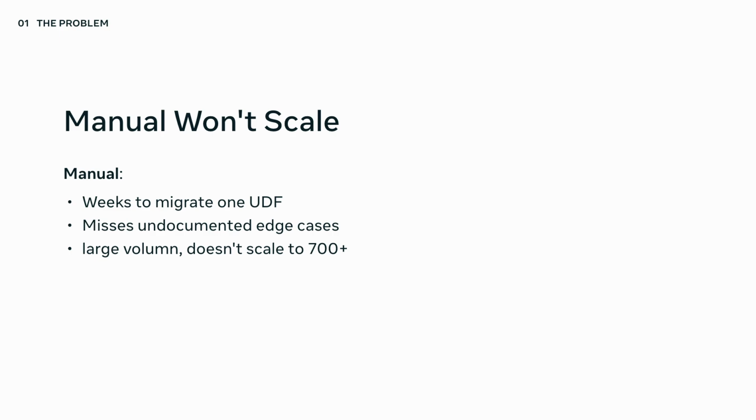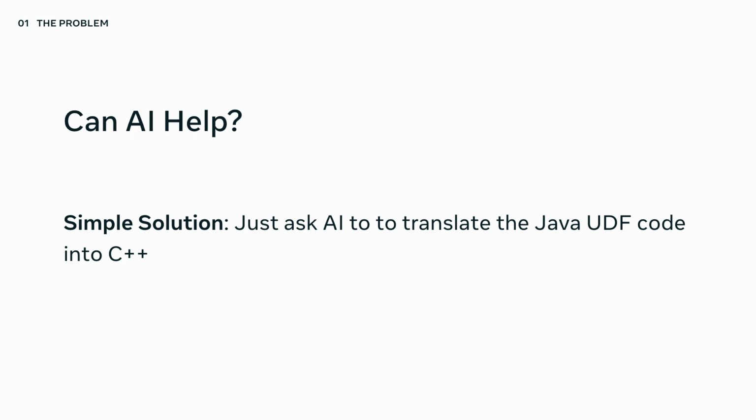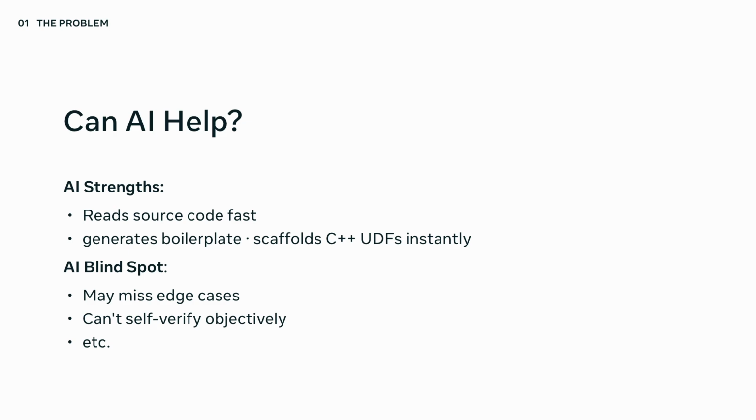So what we did next, as AI is getting more powerful, was to ask naturally, can we just use AI? Can we just ask AI to read the Java code and rewrite everything into C++? I believe many of you already tried this method, but it still doesn't work very well, because AI is very good at reading source code very fast and generating boilerplate C++ code instantly.